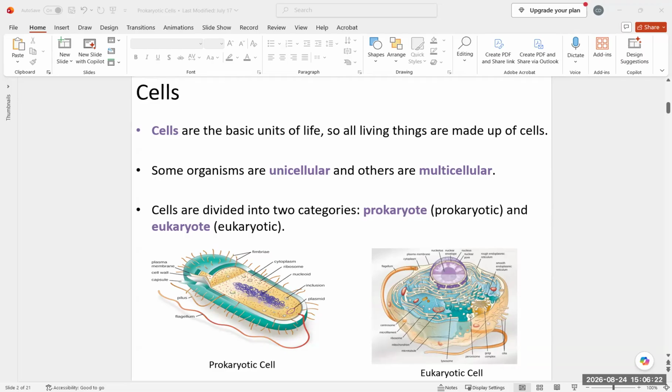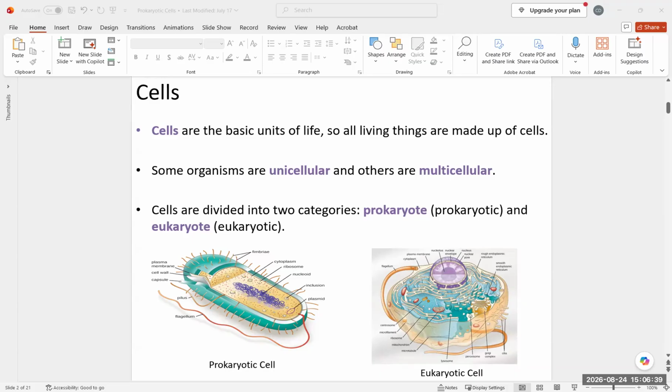Now, we divide cells into two basic categories. We have our prokaryotic cells and our eukaryotic cells. So, prokaryotic cells are unicellular. That means the entire entity is one single cell.